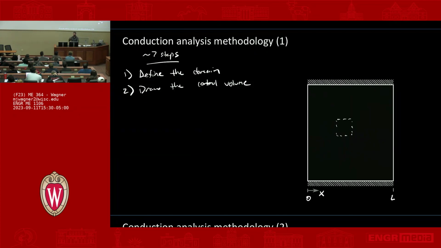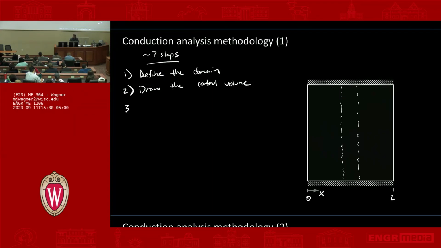That's going to show a finite differential depth in both x and y, but we're not modeling y, right? So that's wrong. Instead, we want to erase this and just show finite depth in the x direction, because that's where we're modeling the temperature difference. All right, so there's my control volume.